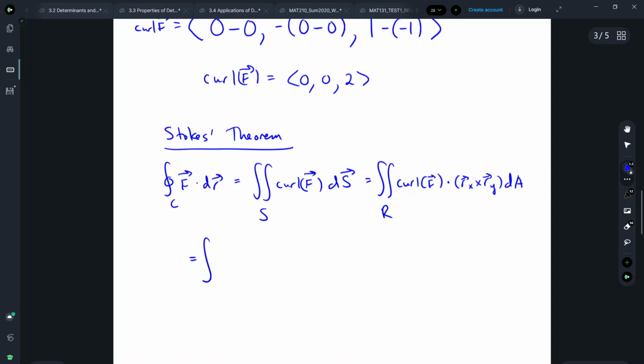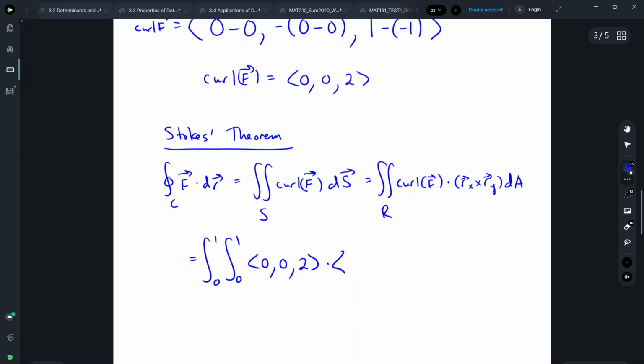Right, so from before, we had the range of values for x and y to go between 0 and 1. Right, so the curl of F was this vector here, so 0, 0, 2.